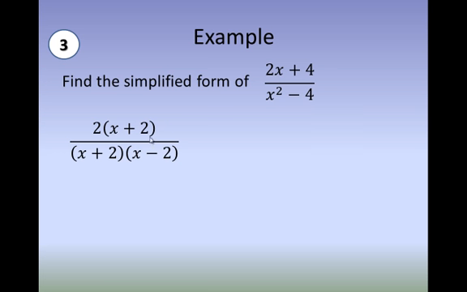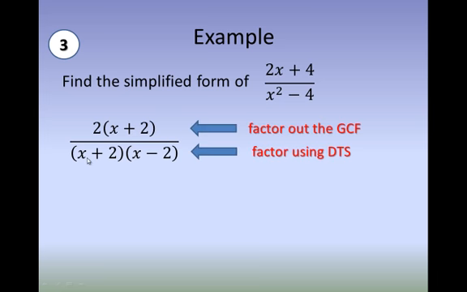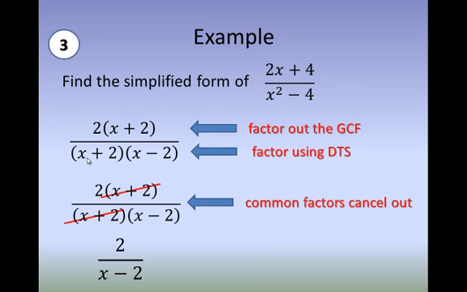As you can see, I have a common factor in the numerator and the denominator, so we can cancel them out. And we're left with 2 over x minus 2, which is again our lowest term.